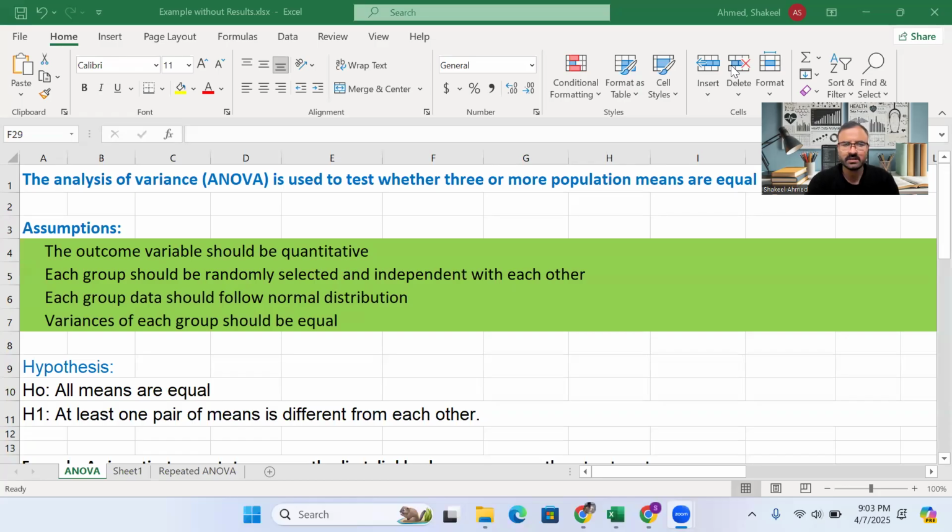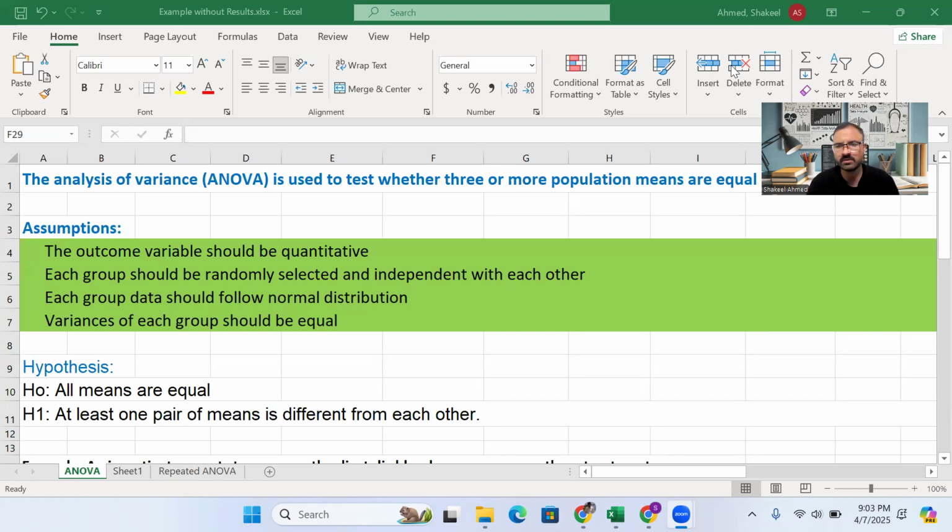In this tutorial, I would like to explain the analysis of variance, that is, one-way ANOVA. The analysis of variance is used to test whether three or more population means are equal or not.